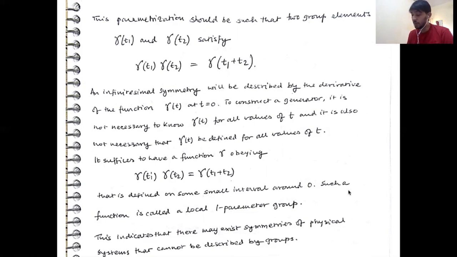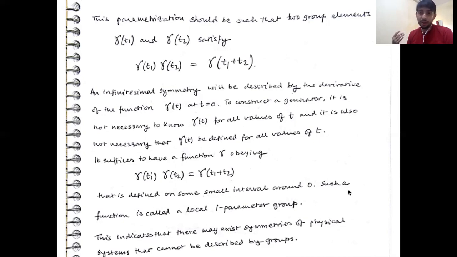An infinitesimal symmetry, as we were trying to emphasize, will only describe the derivative of gamma t at t equal to 0. It's not necessary to know gamma t for all values of t. It's not even necessary that gamma t be defined for all values of t.